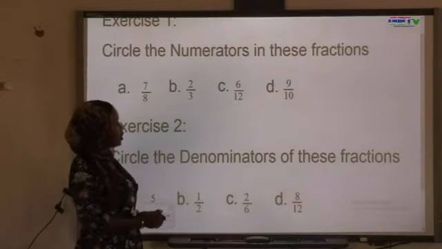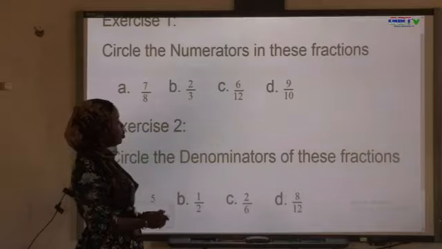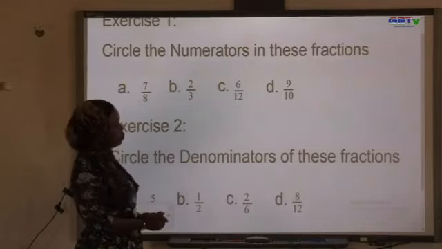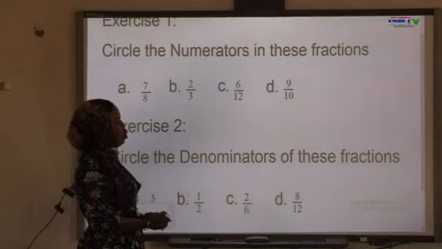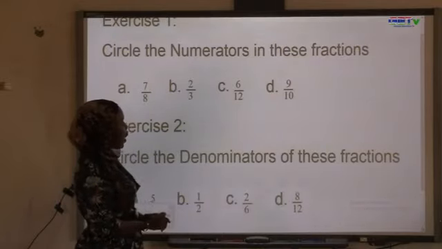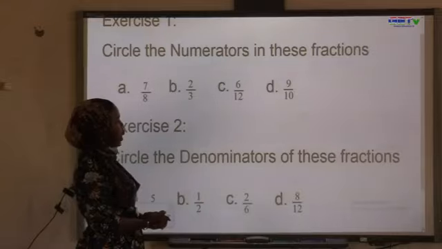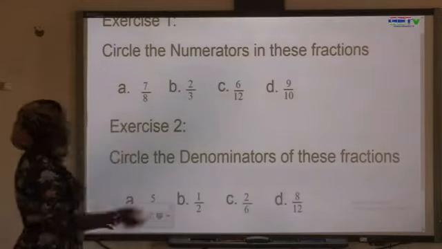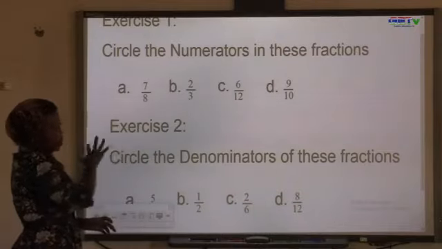C, 6/12. D, 9/10. So what we need to do here is just circle the numerators in these fractions.